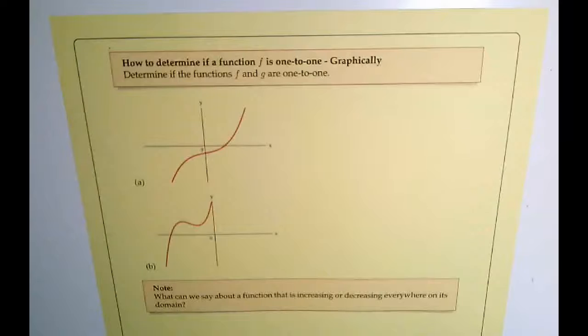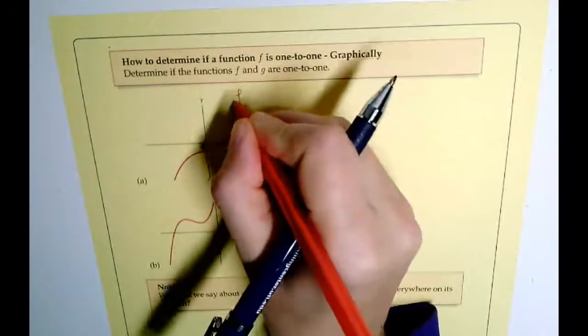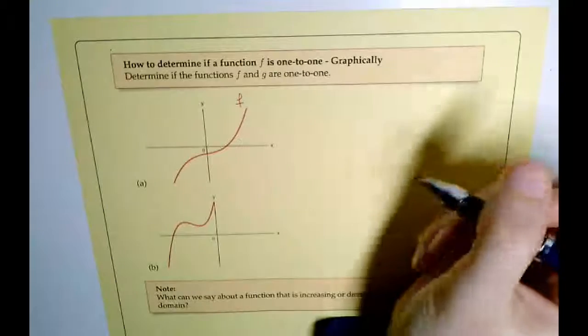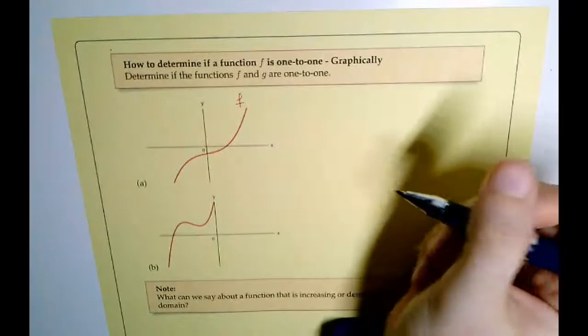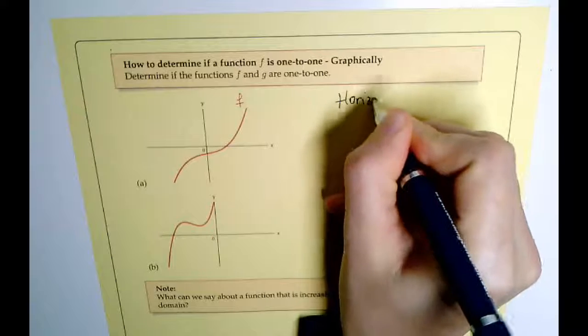All right. What about graphically? How do we decide if a function is one-to-one graphically? Well, if I have a function, let's call this f, graphically, how do I decide if it's one-to-one? We're going to do what we call the horizontal line test.